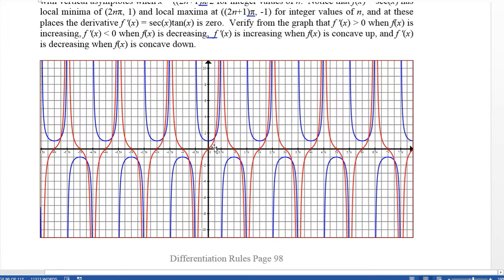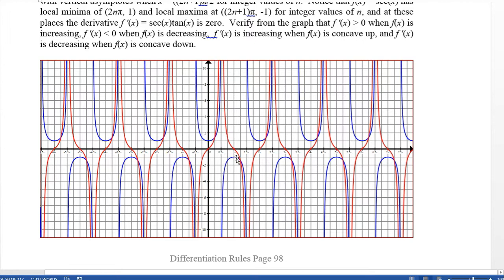Now, as we look at this a little bit more closely, we see that, for example, between 0 and pi over 2, the graph of the original function is increasing from a horizontal tangent line. The original function increases there, and the slopes are also increasing. So we see that the derivative is going to be positive and increasing there.